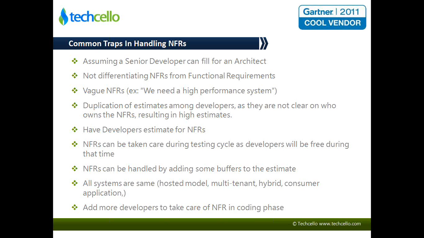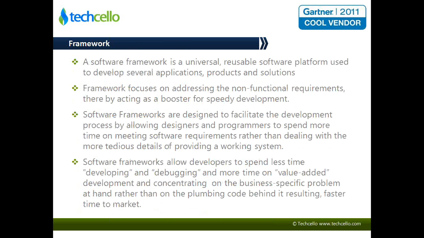So there is no tangible approach or a framework in which they will be able to measure this NFR. We will see how to measure this down the line. We have a small calculator which we can show you to estimate this effort. Right? So these are some of the typical myths involved.